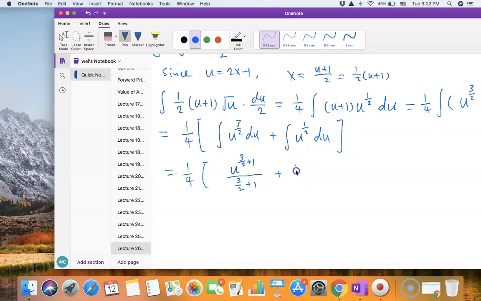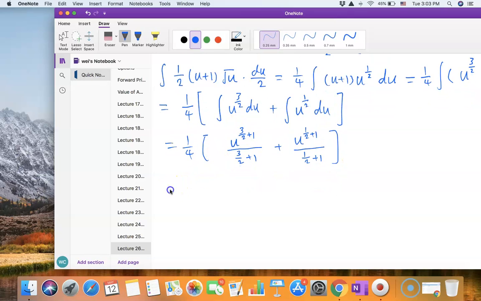For the second integral, the answer is u to the power of 1/2 plus 1 over 1/2 plus 1. 3/2 plus 1 is 5/2, and the other is 3/2. So we have 2/5 times u to the power of 5/2 plus 2/3 times u to the power of 3/2.